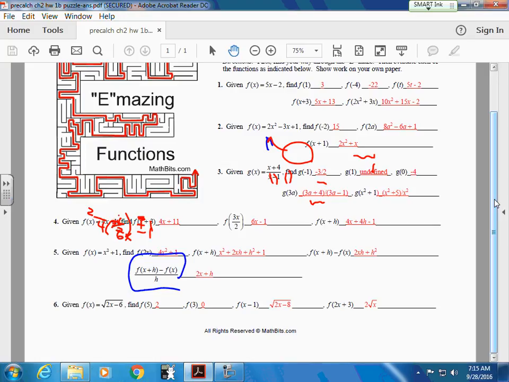Or the third one in number 5. Did you take the h out? Oh, can you factor it out? And that's exactly what they do. They just didn't show you this step.